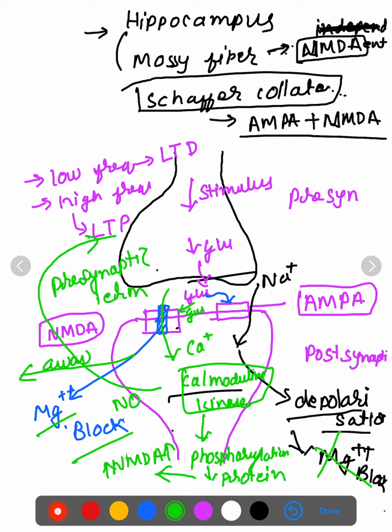Long-term potentiation means ultimately you are getting more response at the postsynaptic level. So these are the mechanisms with the help of NMDA and AMPA receptors, and this occurs when there is a high frequency stimulus.